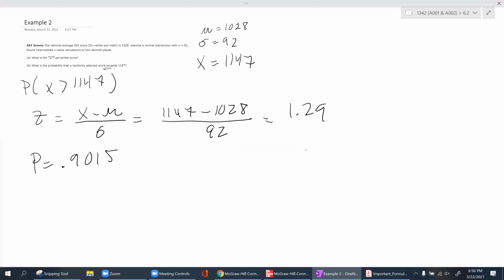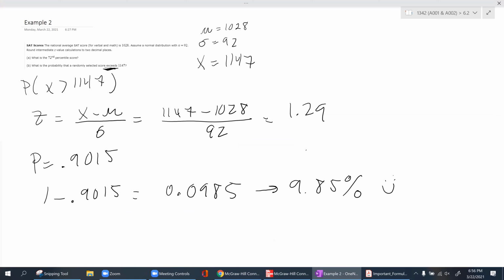The problem says exceeds, so it has to be greater. In other words, this is going to be 1 minus 0.9015, which gives me 0.0985. In other words, this is 9.85%. Very nice, very, very nice.